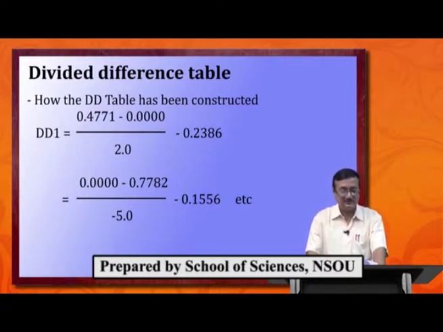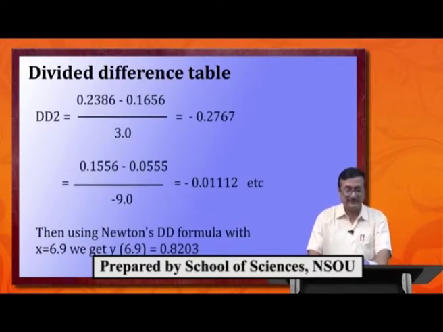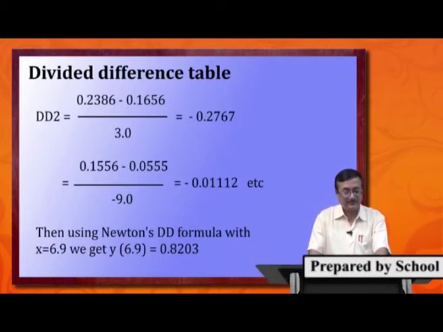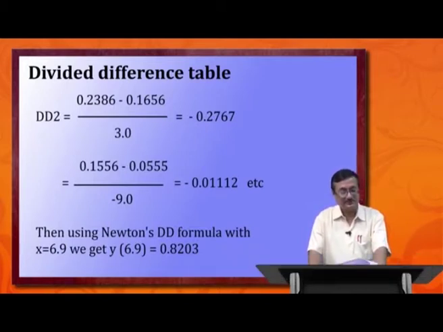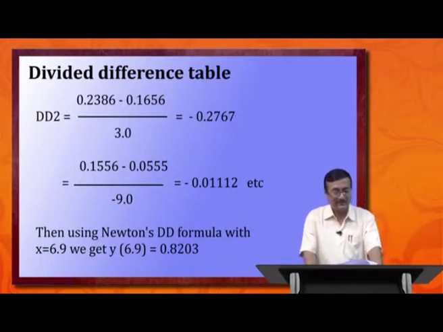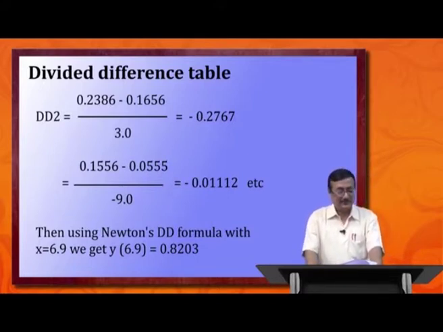So the result is 0.1556. Similarly, the divided difference 2 is obtained as (0.2386 minus 0.1556) divided by minus 3.0. What is minus 3.0? It is x0 minus x2, which comes out to be minus 0.02767. Similarly, the other second order divided differences are computed.